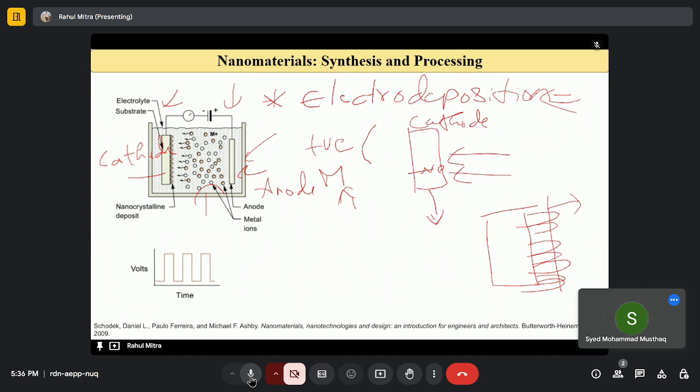Now, if we give low time, then we have very little time for growth and can provide porosity-free nanocrystalline deposits. In this type of electrodeposition, we have porosity-free nanocrystalline deposits, and we can reach thicknesses down to 5 nanometers.